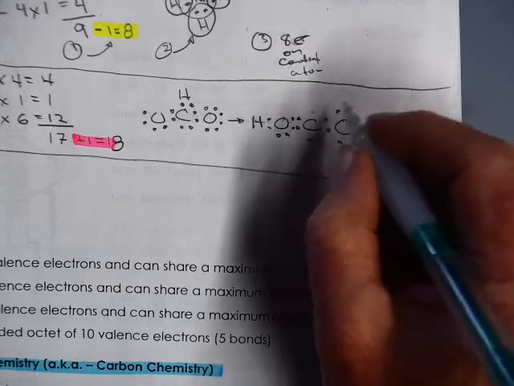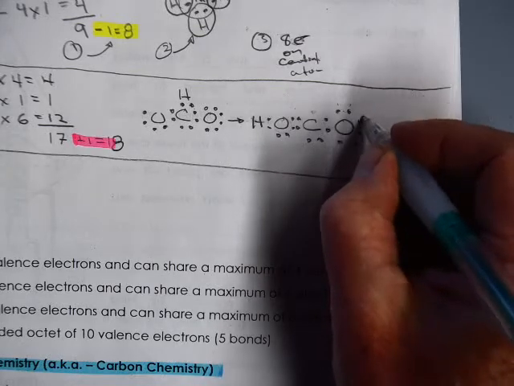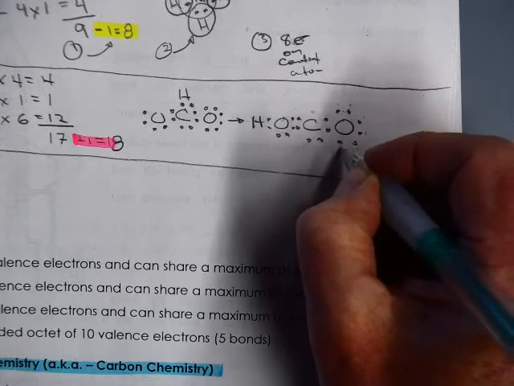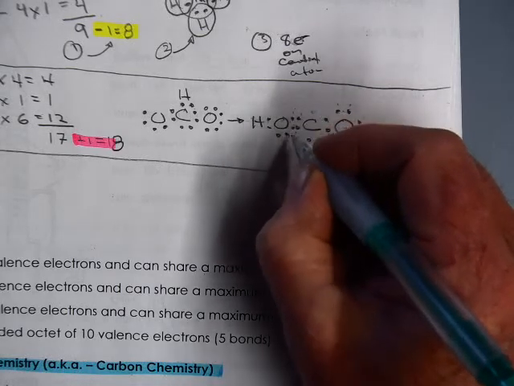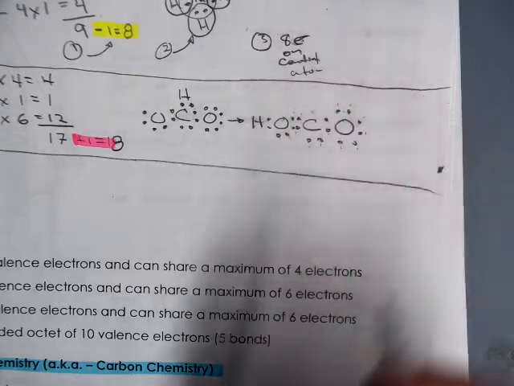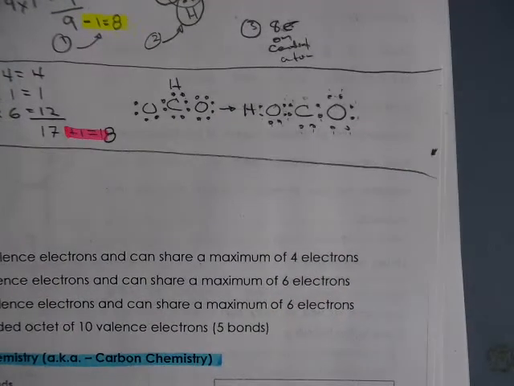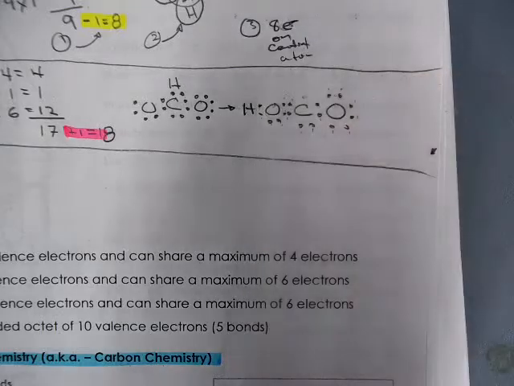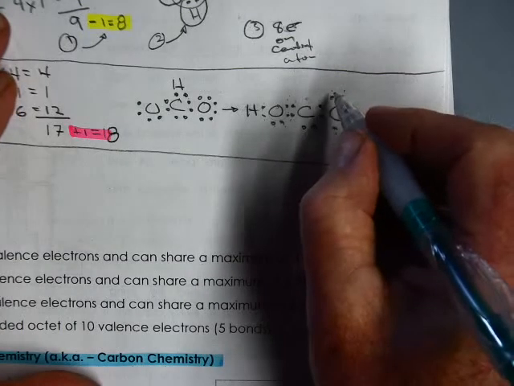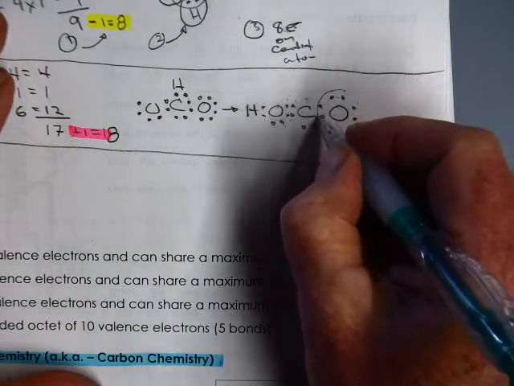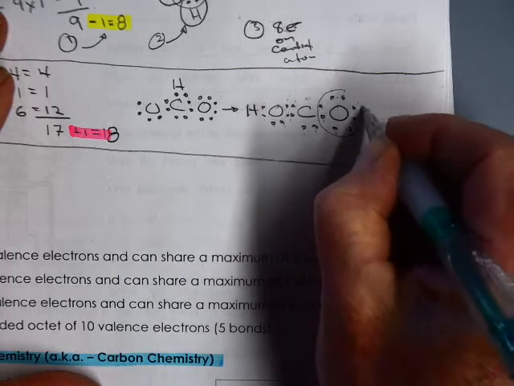So, let's count them up first. 1, 2, 3, 4, 5, 6, 7, 8, 9, 10, 12, 13, 14, 15, 16, 17, 18. What do you know? We got 18. Now let's see if these are happy. This guy's happy because he's got 8, right?